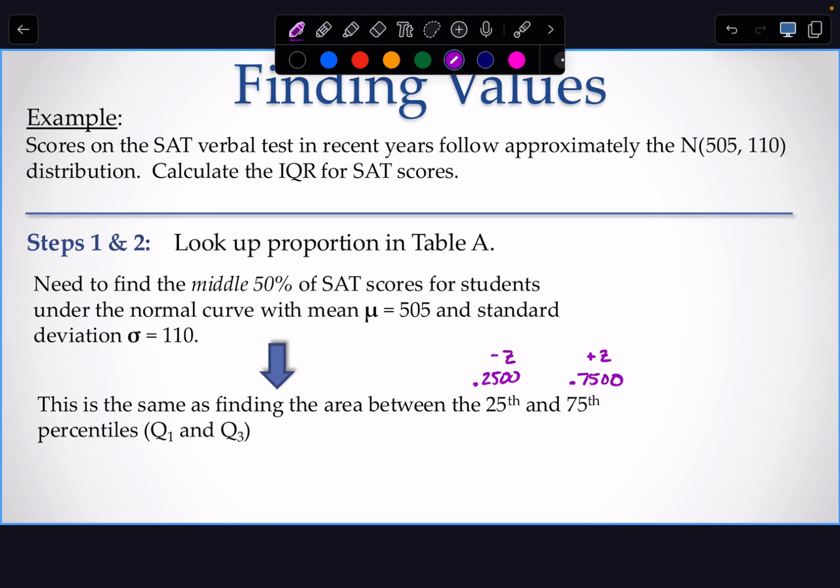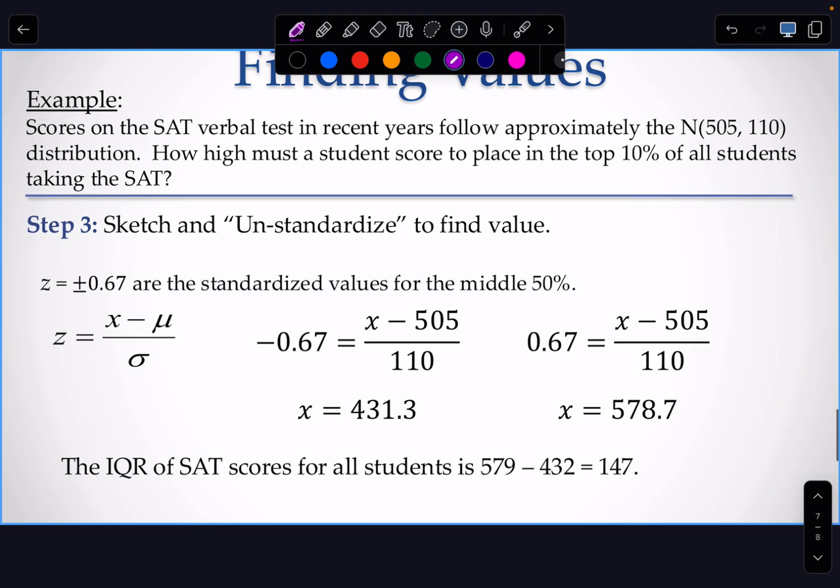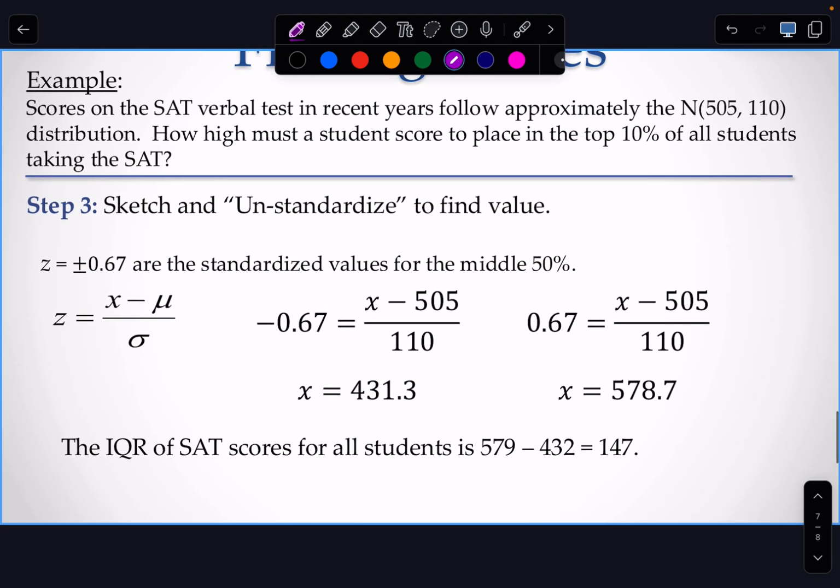But when you look up 25% or 75%, you would get z-scores of plus or minus 0.67. So the standardized values would represent the middle 50%. Now we use those to unstandardize and get the actual scores.